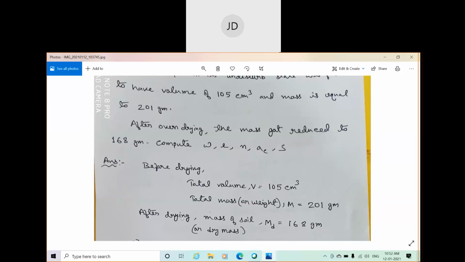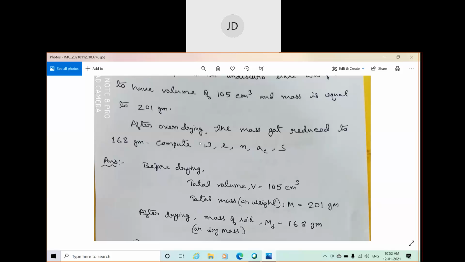After drying, water will not be present in the soil, and air has negligible weight. So indirectly, the total mass of the soil after drying will be equal to the mass of the soil solid, which is 168 gram. This information you already have.